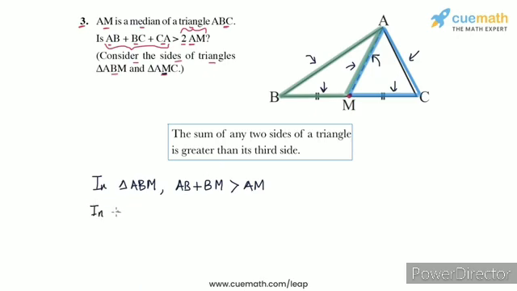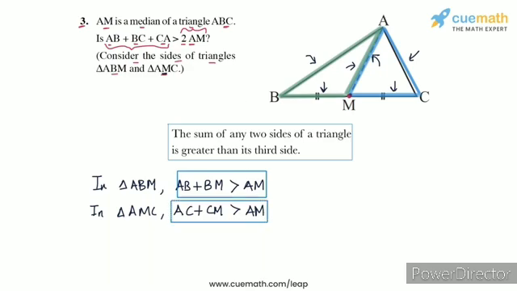So in triangle AMC, we must have AC plus CM as greater than AM. So both of these inequalities that we have written, AB plus BM greater than AM and AC plus CM greater than AM, both of these inequalities follow from this property of triangles.